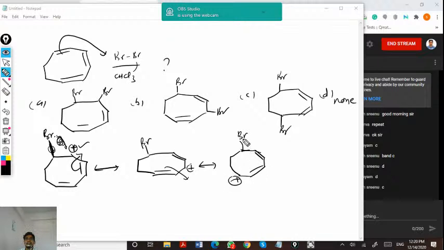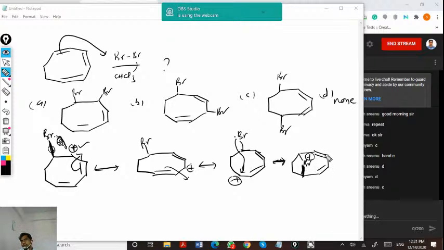Now NGP will work out, which will stabilize more because the ring size is larger. So this NGP is more stable. The cyclic bromonium is more stable because the ring size is maximum. This is five-membered, most stable.